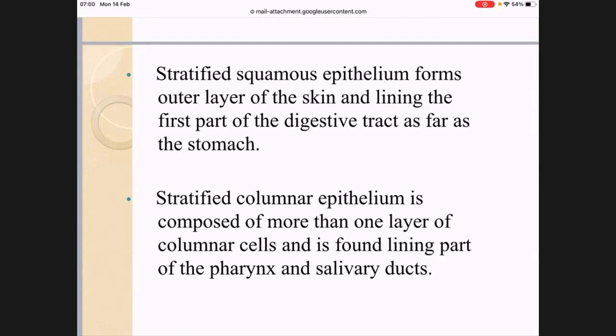A lot of grinding, different kinds of food are ingested; humans eat soft food, hard food, different textures of food. Even animals eat roughages, grasses, very coarse straw and hay. When these are ingested, they may damage the inner lining. So that's why it has stratified, many layers of squamous epithelium.